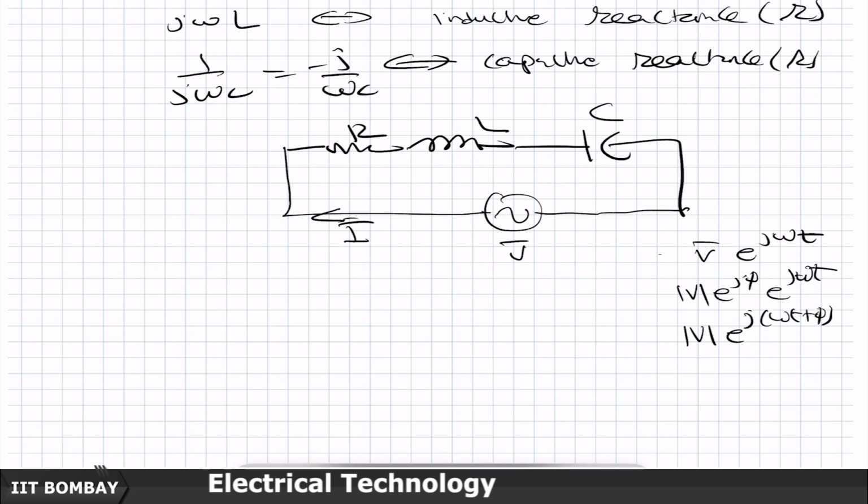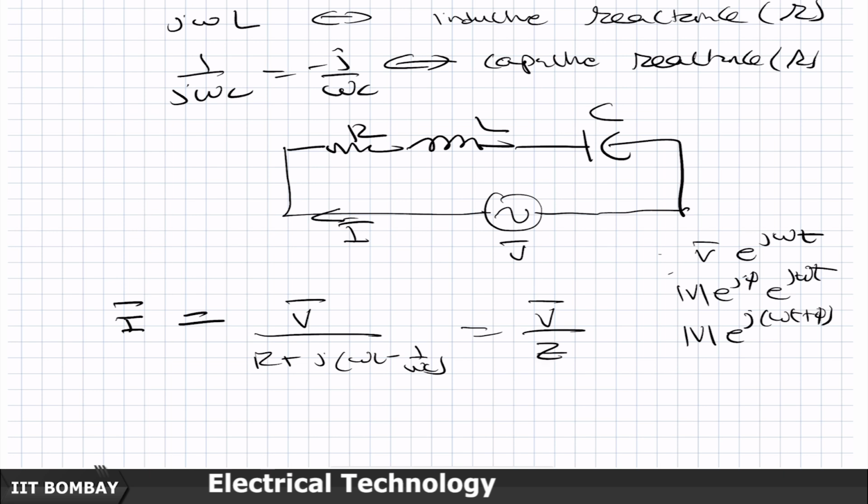Then the response I bar is essentially V bar divided by R plus j omega L plus 1 by j omega C, which is V bar by the complex impedance Z.